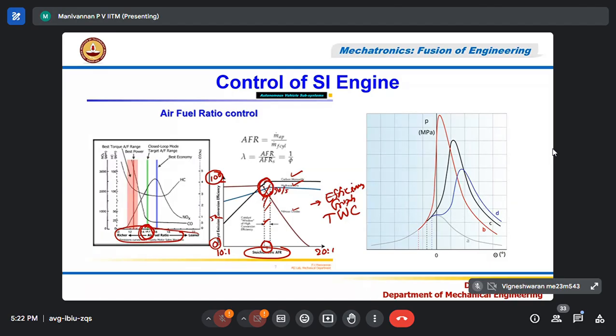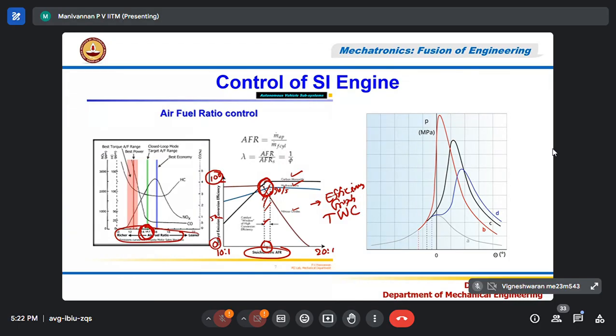95%. So if you want the maximum efficiency of the catalytic converter, you need to run your SI engine not on lean mixture, not on rich mixture, always on the stoichiometric air-fuel ratio. Right?